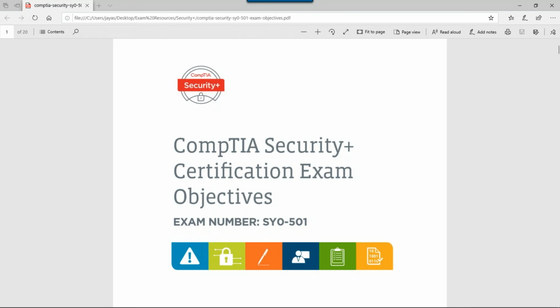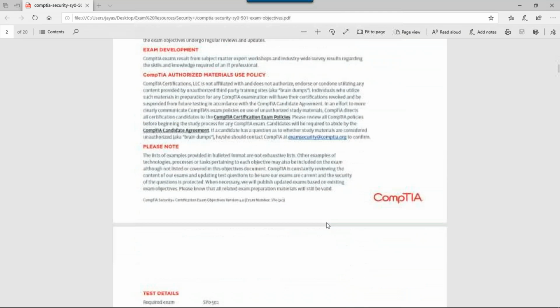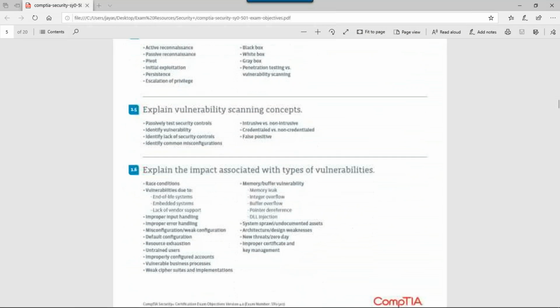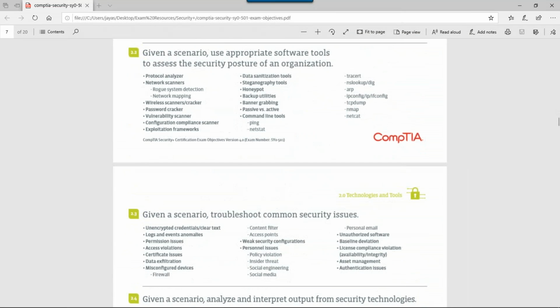My take on Security Plus is that this is the most technical exam, I guess. There's a lot of acronyms, a lot of concepts, abbreviations.